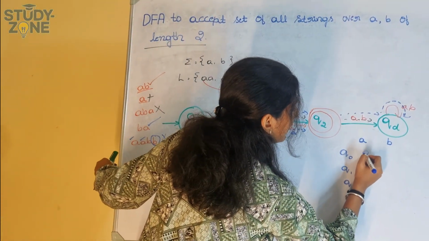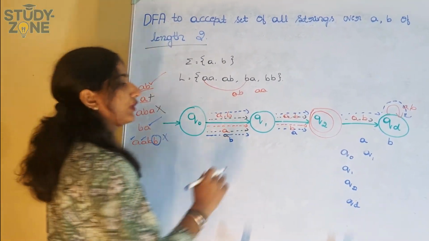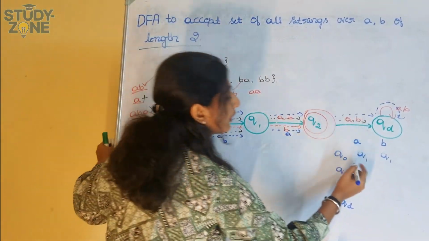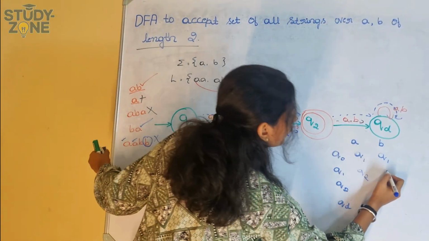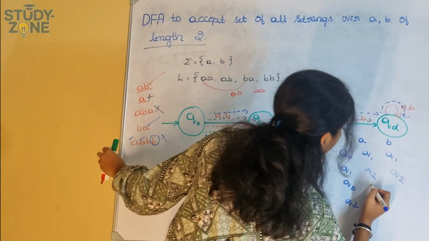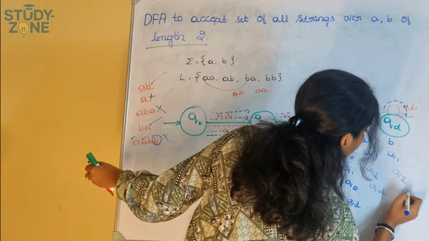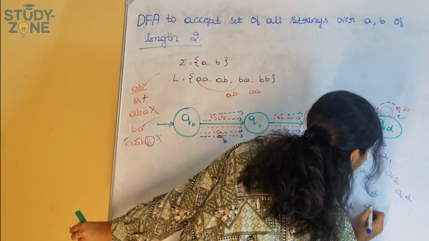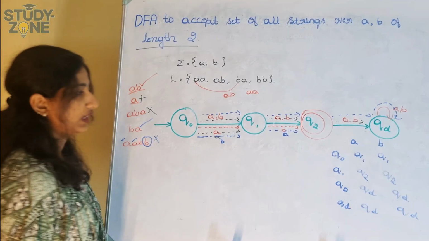So Q0 on A moving to Q1, and Q0 on B also moving to Q1, and then Q1 on A moving to Q2, and Q1 on B also moving to Q2, and then Q2 on A moving to QD, and Q2 on B again moving to QD, and QD on A remains in QD only, and QD on B also remains in QD only.